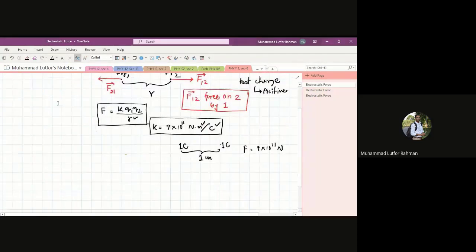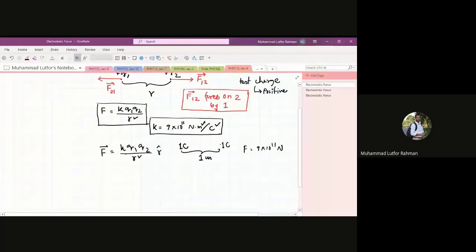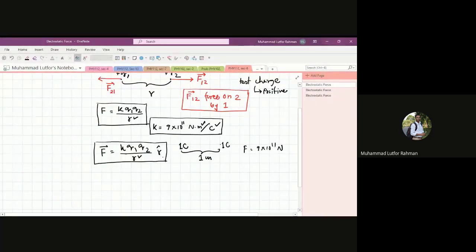But since I don't know any reference frame here, I could write this force as K Q1 Q2 divided by R square into R hat, right? Where R hat is the unit vector. I hope you know the definition of that unit vector, right?